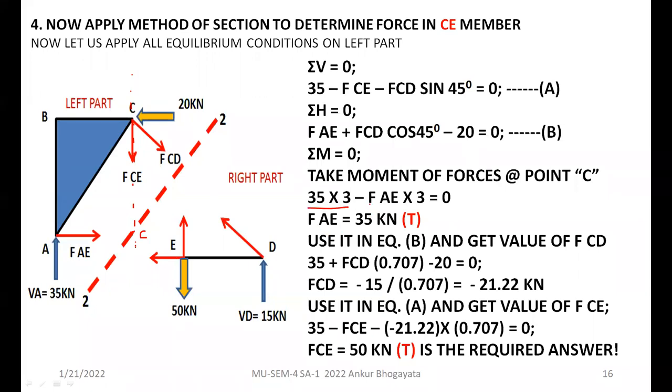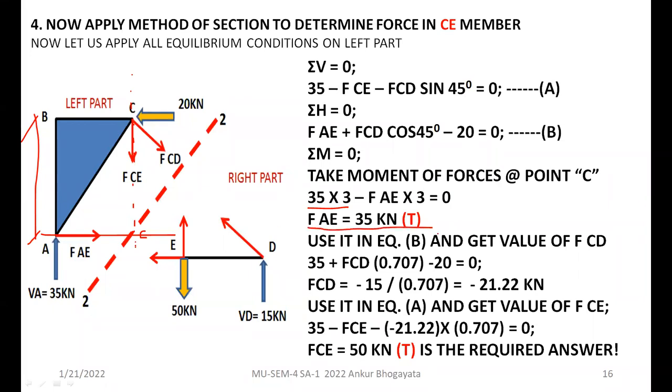And similarly, FAE, this is a horizontal force and it is located at 3 meter distance because this height is 3 meter, right? And we are taking moment about point C. So it will give you anti-clockwise moment of FAE into 3.